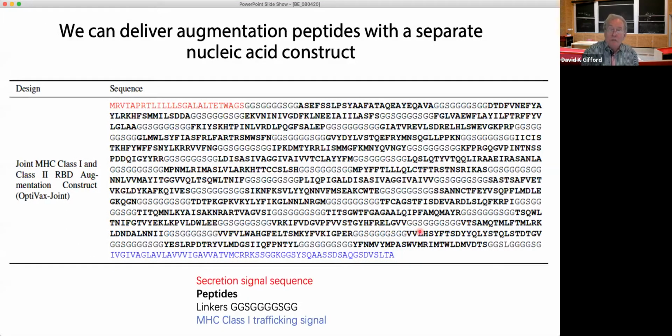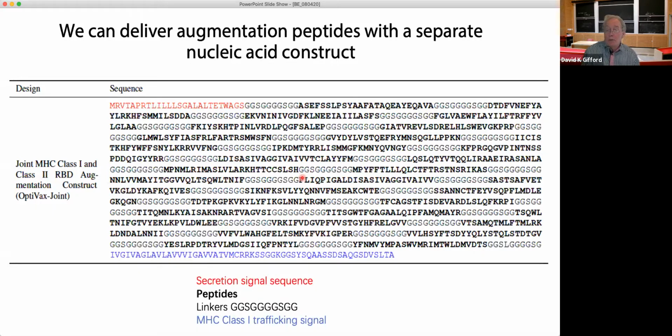Now, the way that these can be delivered in the case of nucleic acid vaccines is we can directly incorporate a secretion signal sequence and an MHC class 1 trafficking signal into the peptide coding region, and each one of the bolded regions is one of the peptides, and we have linkers between them. Other studies have shown that one can directly express this construct, and the peptides are cleaved and presented on both MHC class 1 and class 2 molecules.